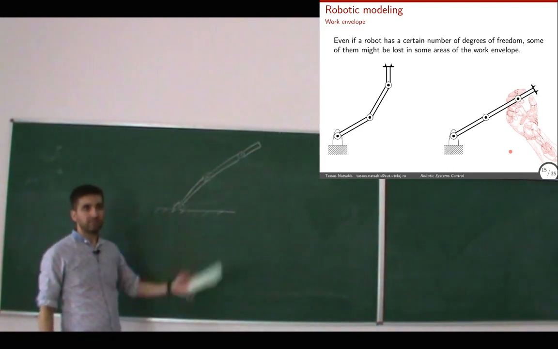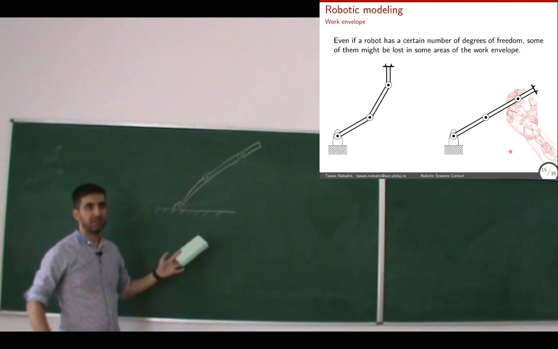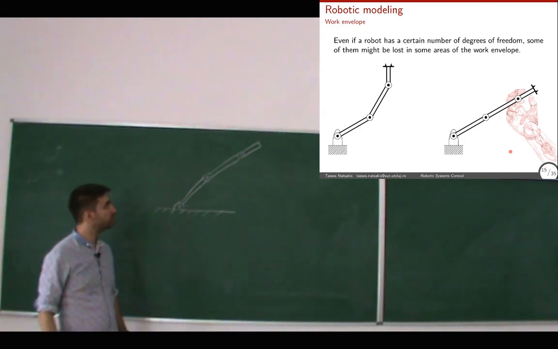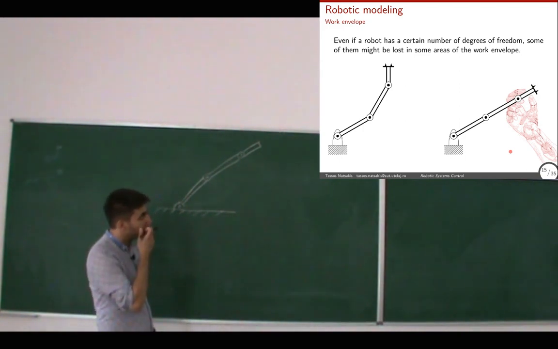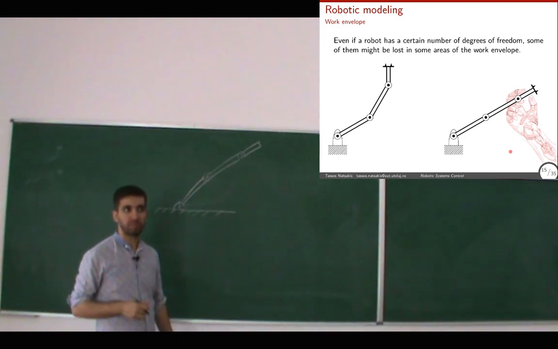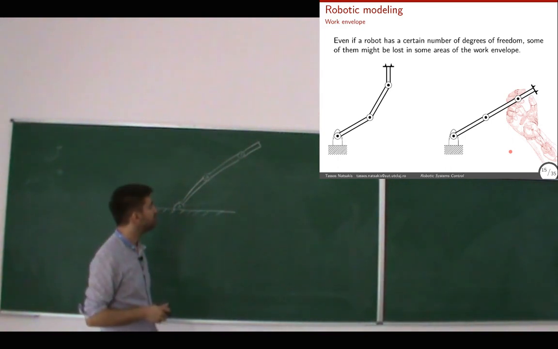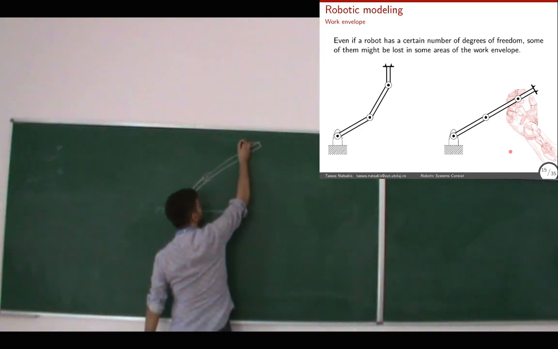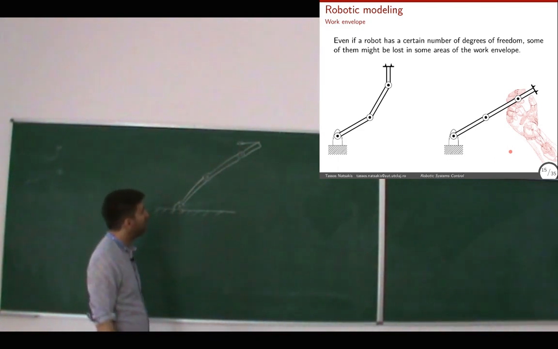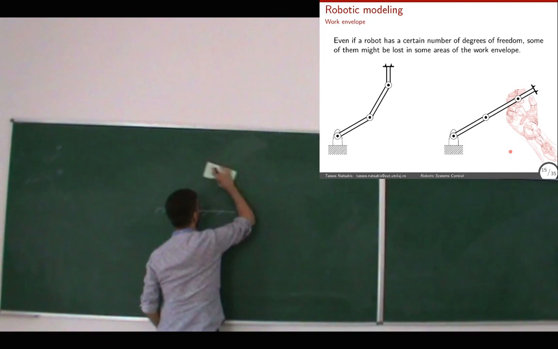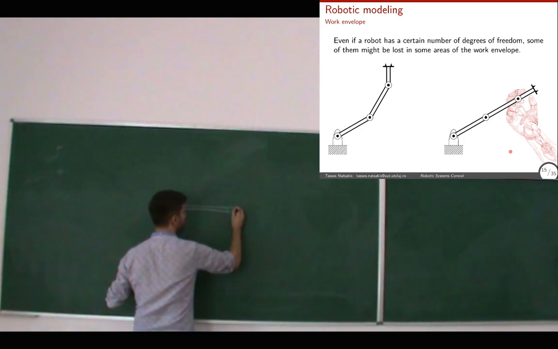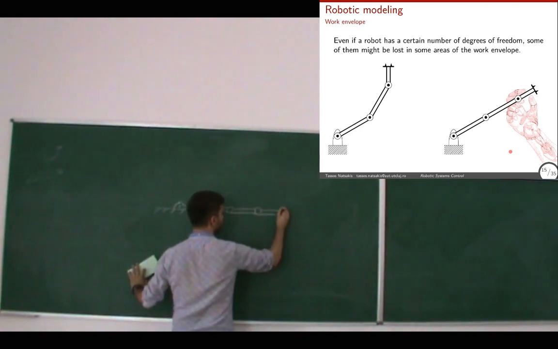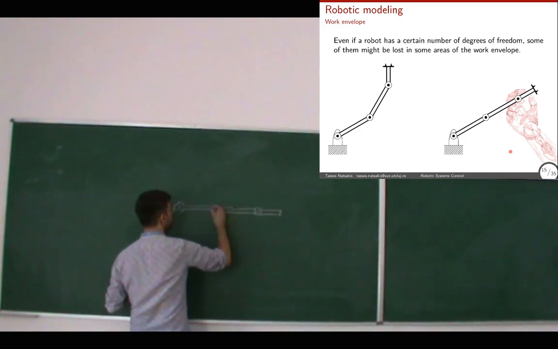At this configuration, can I change X and Y, for instance, independently, and keep the orientation how I like it? Yes? No? No, because if I try to move in this direction... maybe let me draw it in a better configuration, even more weird, to make it clearer. Let's say it's like this, and these are the 3 joints.